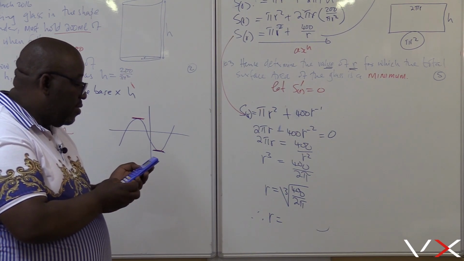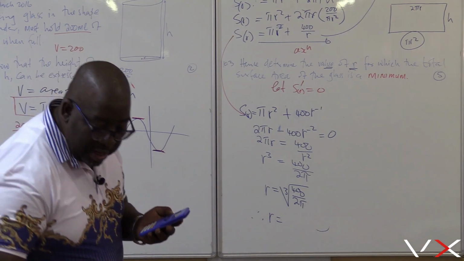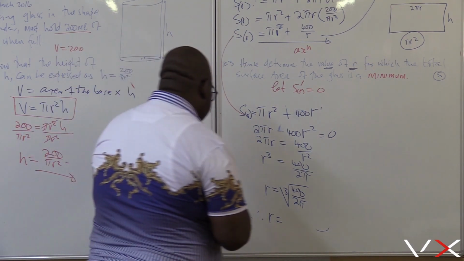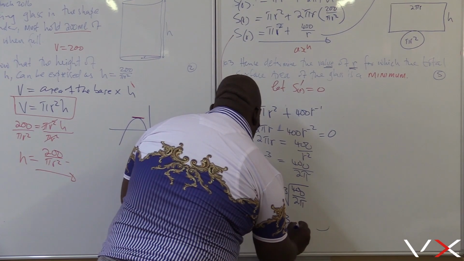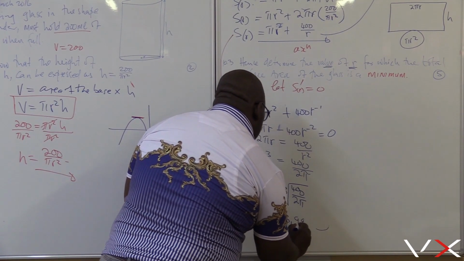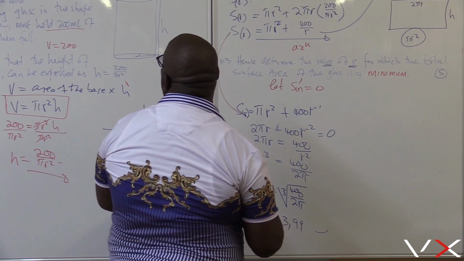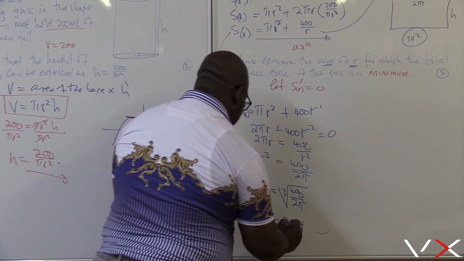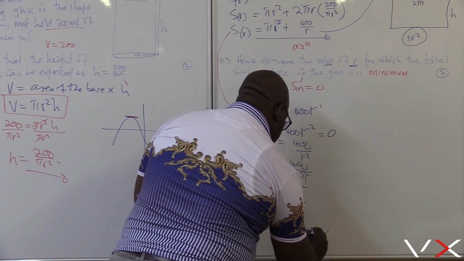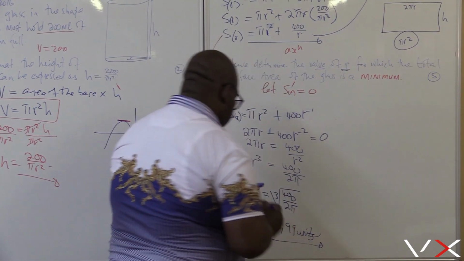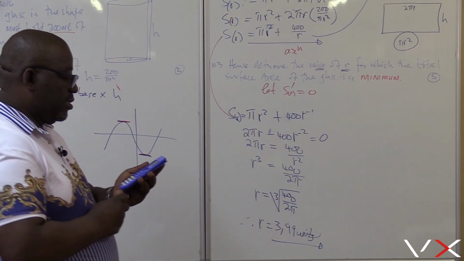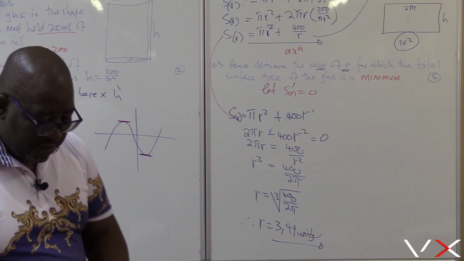This will be 3,99. My r is 3,99. I'm not given digits. This is the distance, 3,99 centimeters. That's the r that we have in there.